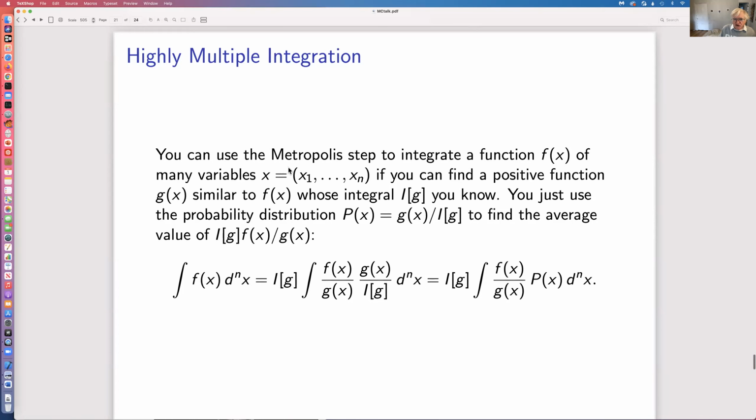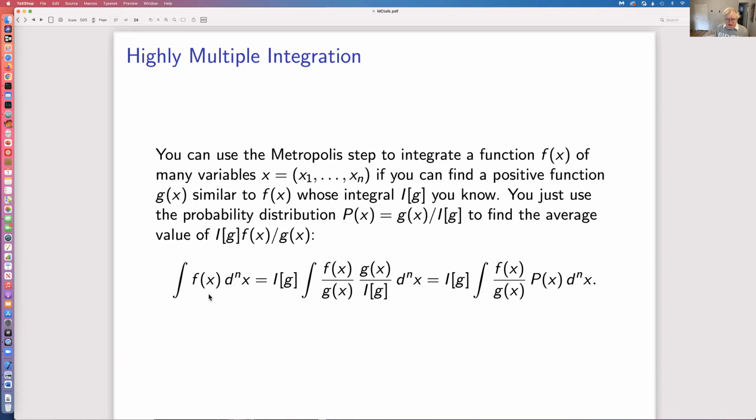So suppose you have a function f of many variables, and suppose you can find a positive function g of x that's similar to f, and you know the integral of g. So then you define a probability distribution g of x divided by the integral of g, and then you find the average value of I of g times f of x over g of x.